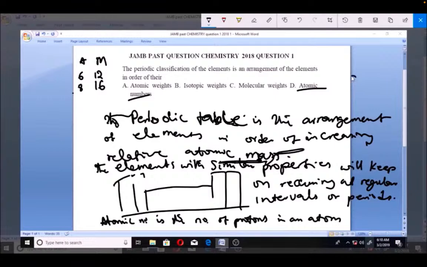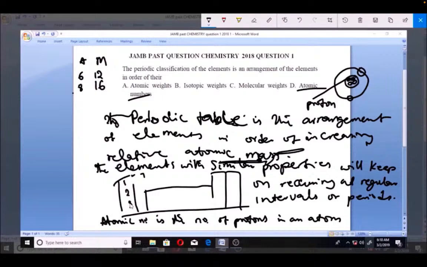So when you have an atom, it will have a nucleus, and inside this nucleus you have the protons as well as the neutrons. Revolving around the nucleus are the electrons. So you have an element with atomic number of 1, then one of 2, then one of 3. So something like that.